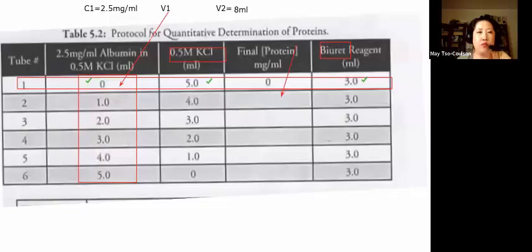So the first one, as you can see, shows that C2 is equal to C1 multiplied by V1 divided by V2.